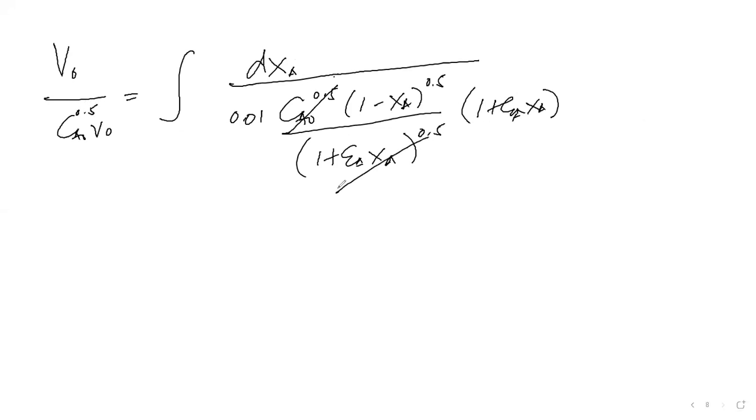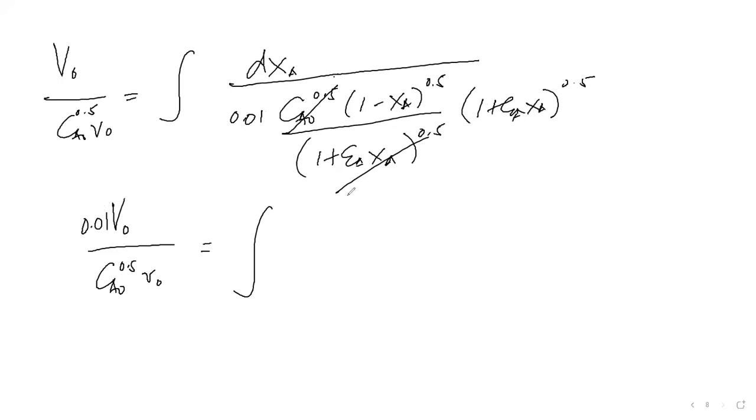This one will cancel and you still have 0.5 here. The resulting expression would be capital V sub O, the initial volume, CAO raised to 0.5, volumetric flow rate times, so this one goes up. Rather, wait. So you have another 0.5 here, and this is 0.5 here. So you have this 0.01 here, I'll place it in here.